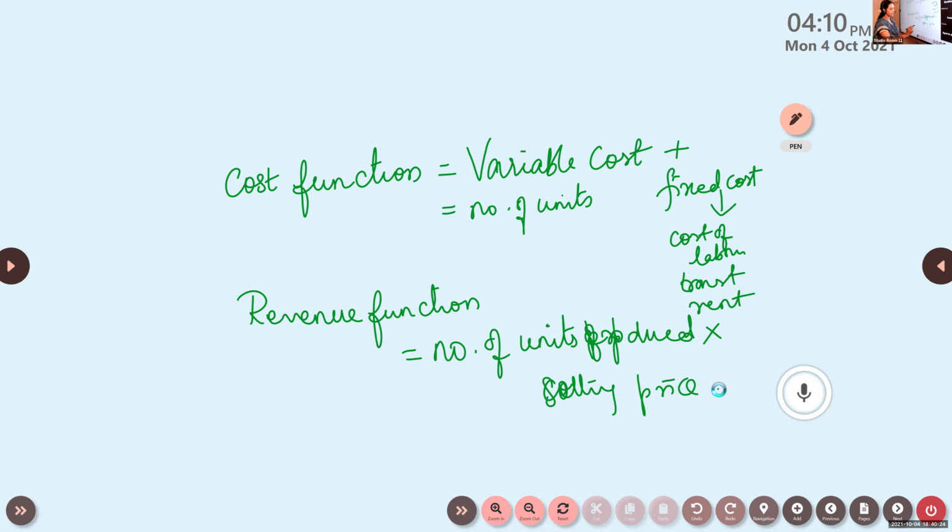We denote this as X into P. What is X? X is the number of units and P is the price per unit.